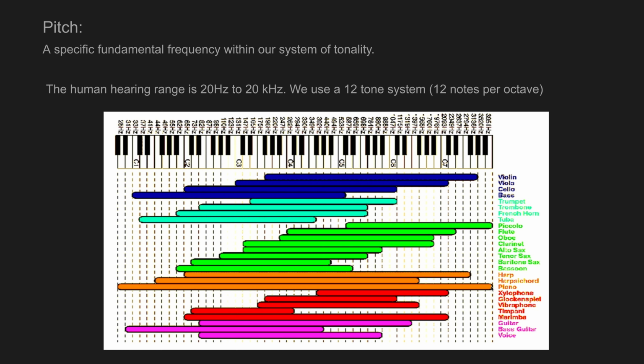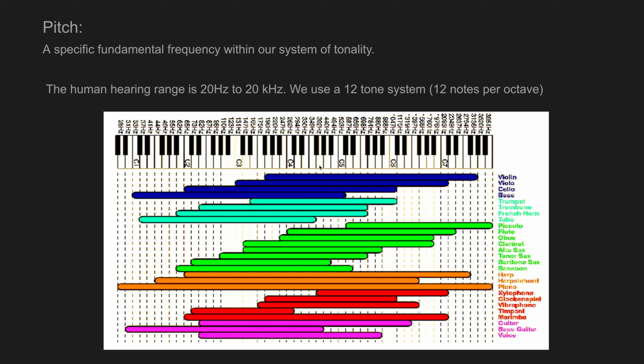That's why you can play a whole symphony on a piano, basically, because it has all the frequency range. But if you're doing string instruments or horns or woodwinds, like here, you see you have to stack multiple instruments on top of each other to get those frequency ranges.